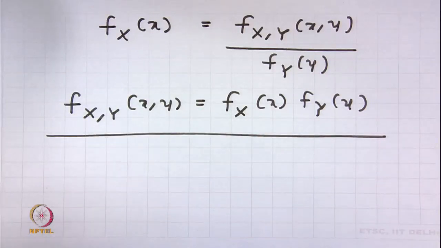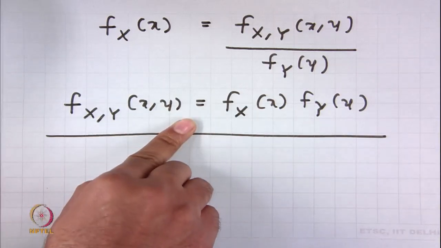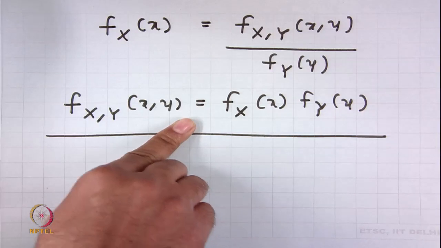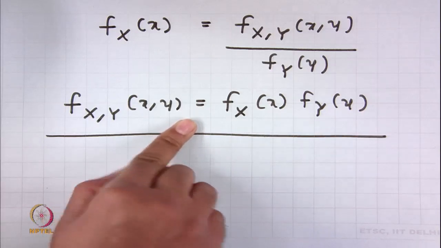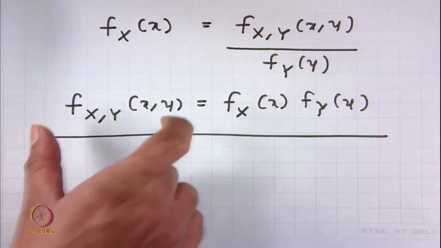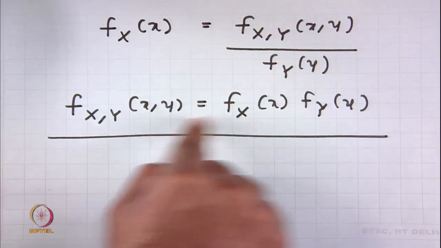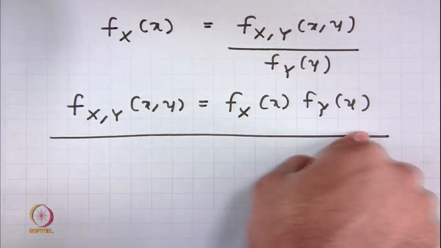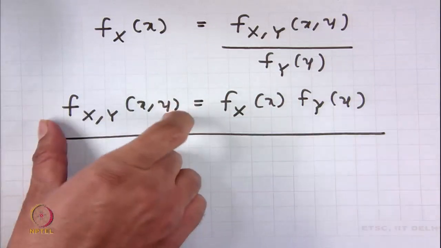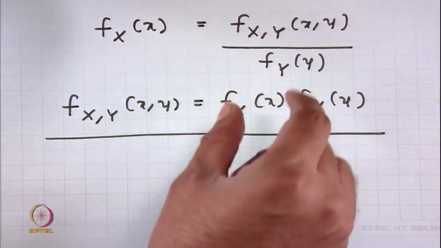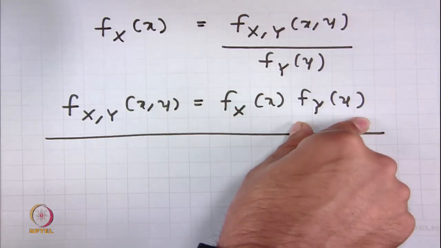It is telling me that if two random variables are statistically independent, that means information about one does not add any extra information about the other random variable. If two random variables are statistically independent, then their joint probability density function is nothing but the multiplication of their marginal probabilities, right. So, the joint probability density function of x and y is nothing but the marginal probability density function of x times the marginal probability density function of y.